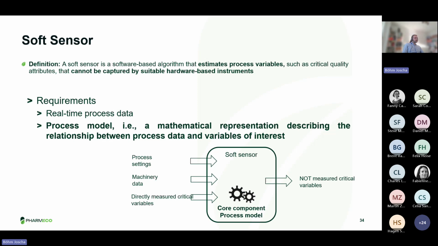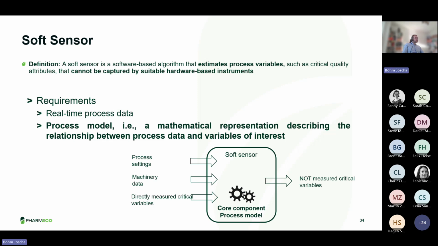As I said before, it's a mathematical representation that describes this transition and the process inside, to say basically, from the process settings that we have, how do the variables that we want to achieve evolve? And we can use further information inside to make the estimation of these process variables more accurate.